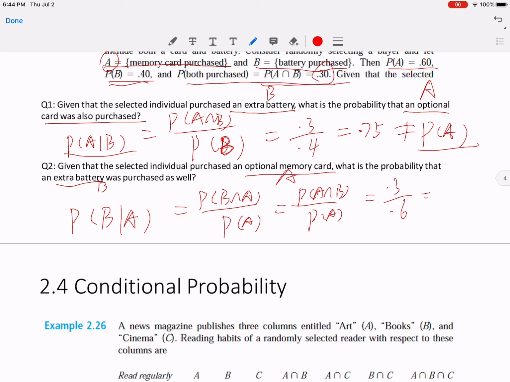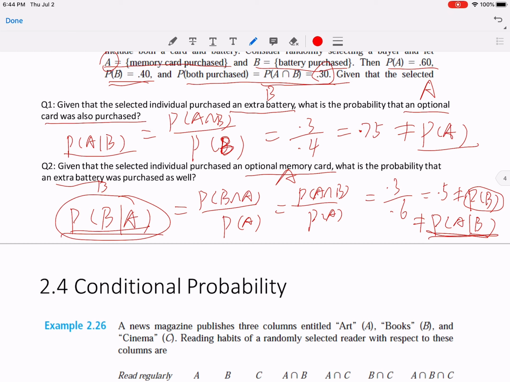So this is 0.5, which is not equal to probability of B, and of course it's not equal to the probability of A given B either. So once again, probability of B is completely different from the probability of B given A, and the probability of A given B is completely different from the probability of B given A as well. So don't be confused, okay?